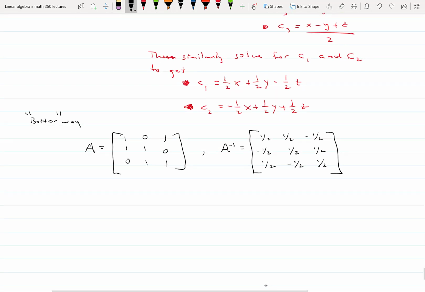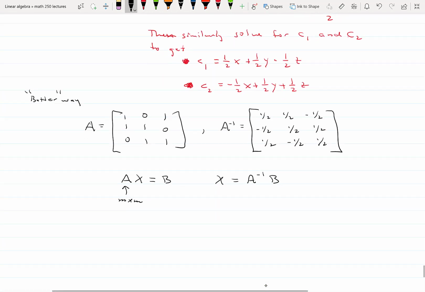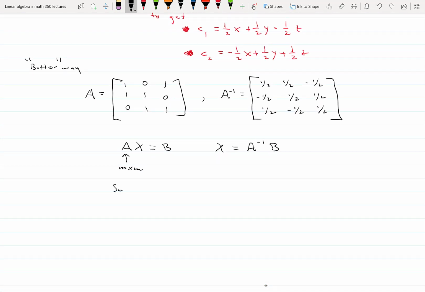But remember, when you're solving a system AX equals B, where A is a square matrix, an M by M invertible square matrix, that's kind of a big deal, then X equals A inverse B. Our X is three constants, C1, C2, and C3.